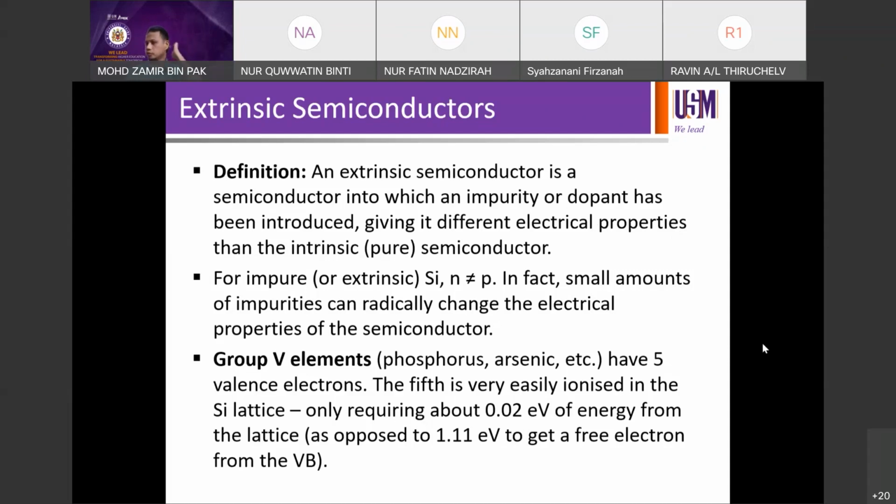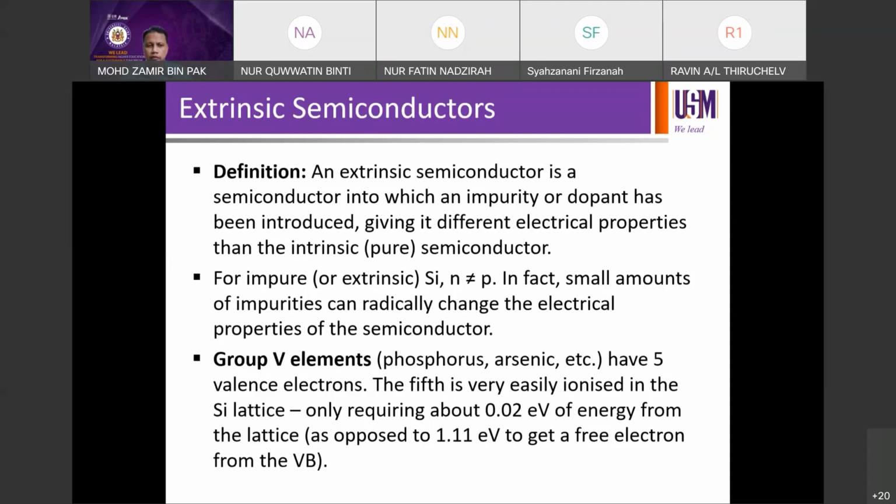Okay, so last week we discussed the concept of intrinsic and extrinsic semiconductors. We learned that an intrinsic semiconductor is a pure semiconductor where you don't have any impurities or dopants introduced into the lattice to alter its conductivity.